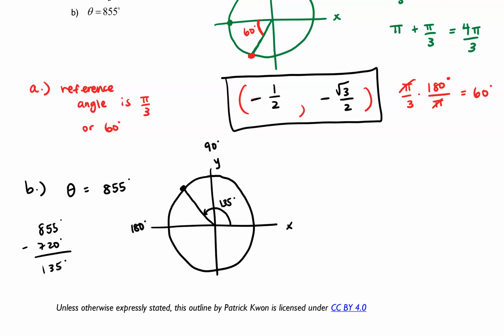And I knew to draw it there because the reference angle here to complete that half rotation of the circle is going to be 45 degrees. So the reference angle is 45 degrees, or if we were to write that in radians, that is pi over 4.